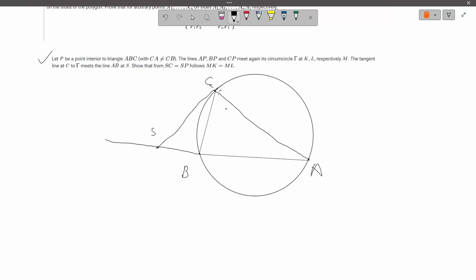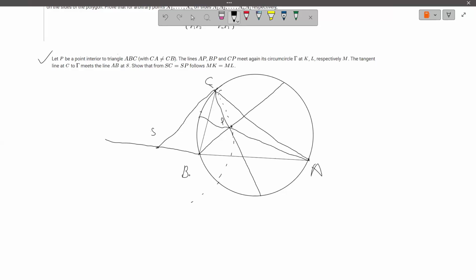This point is P, obviously. Okay, that line is horrible. Okay, this is good enough. We can work.